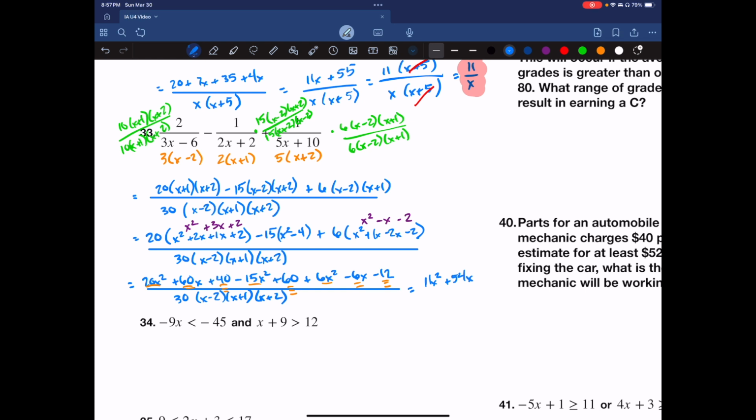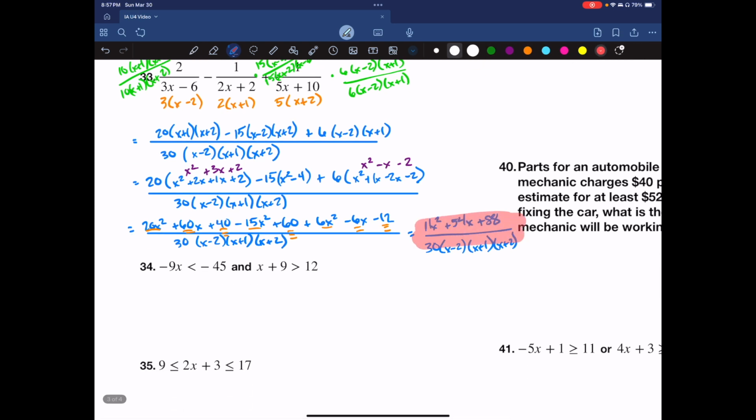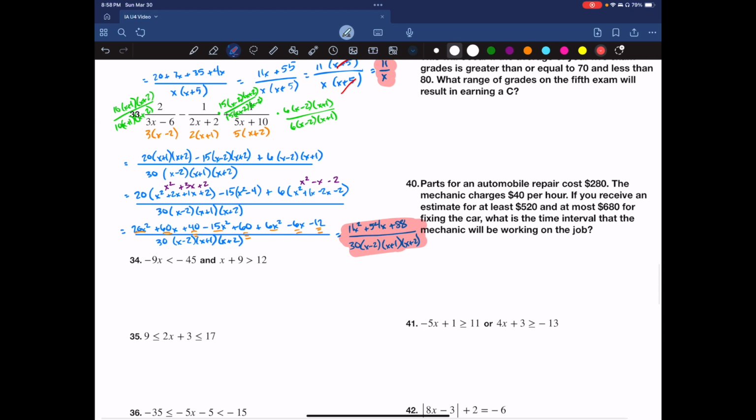And then 40 plus 60 is 100, minus 12 is 88, and plus 88 over x plus 2, x plus 1, x plus 2. Again, you could factor the top by the AC method, assuming you have a factor, but it's not going to help you. So I know that was a lot, but that's your answer.